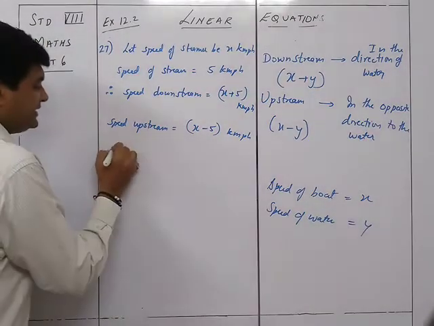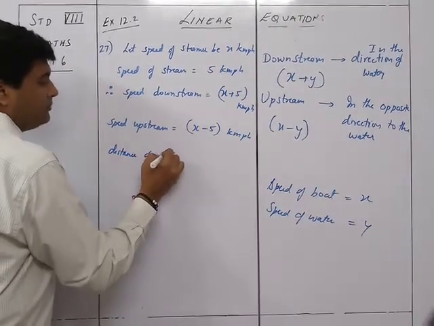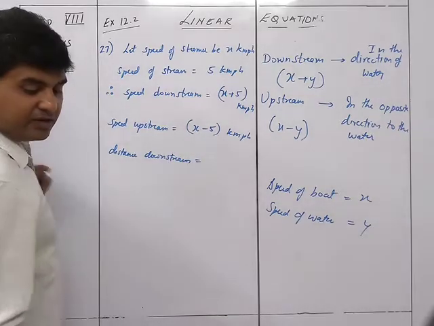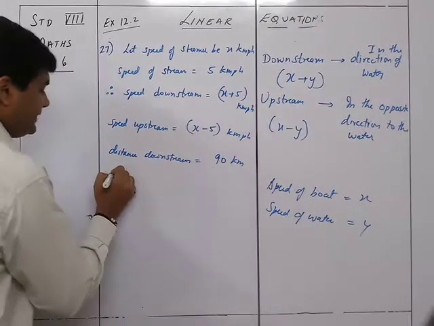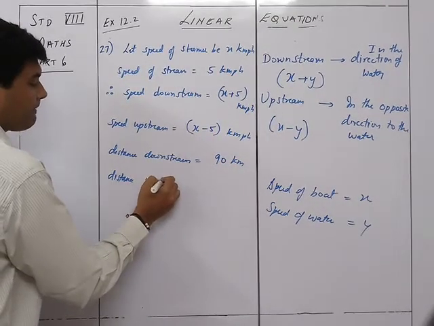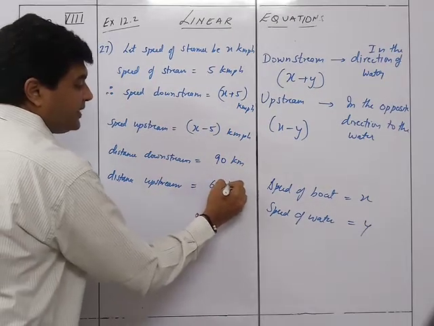Now, distance downstream: it is given that it is going downstream 90 kilometers. And distance upstream is equal to 60 kilometers.